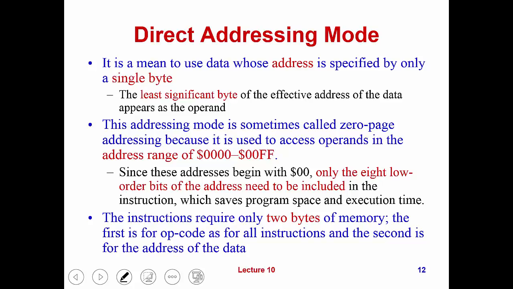So now we come to the direct address mode. In comparison to the immediate mode, the operand specified here is the address of the memory location where the data we need to access is.